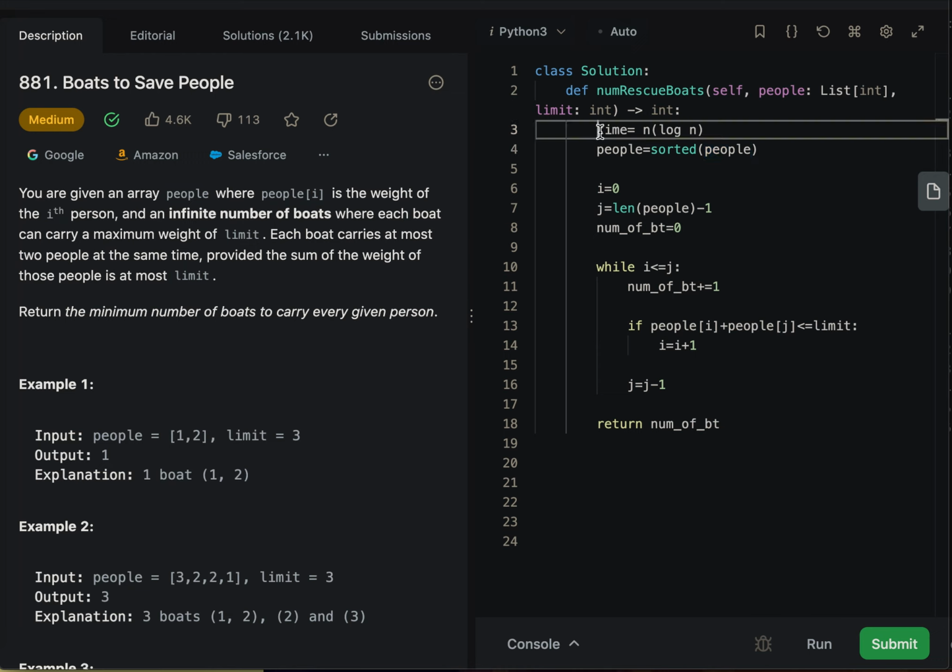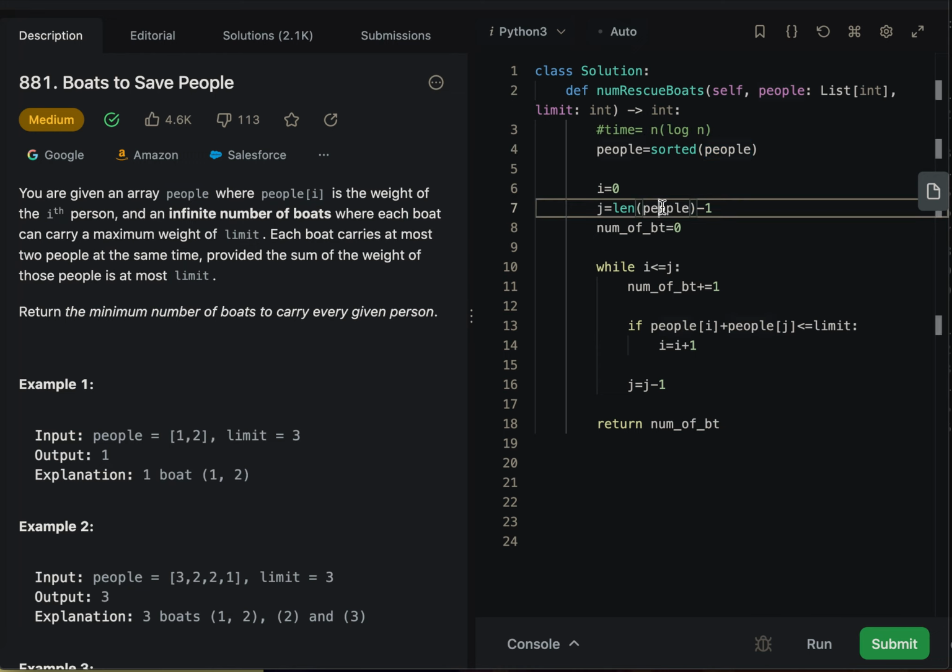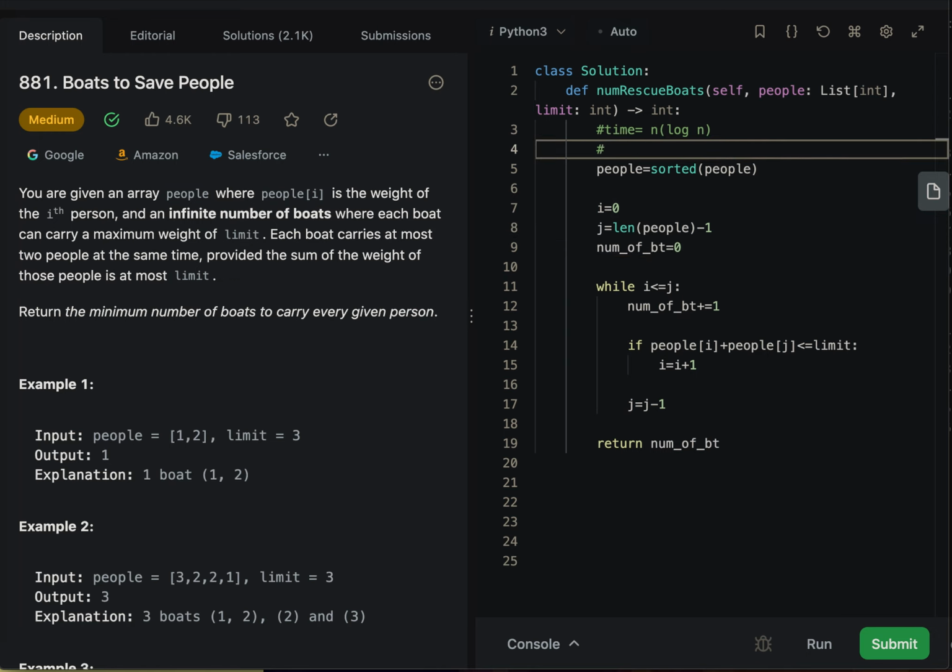And for memory, if we don't consider the people array, because it's an input, so we don't consider it sometimes, it's a constant memory because it's just i and j, all I'm using is a few variables.